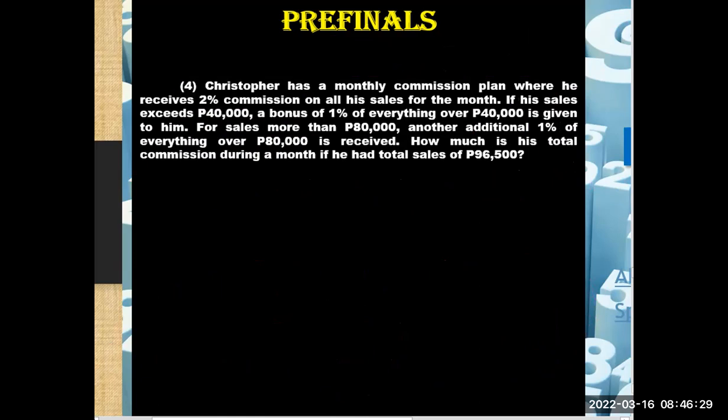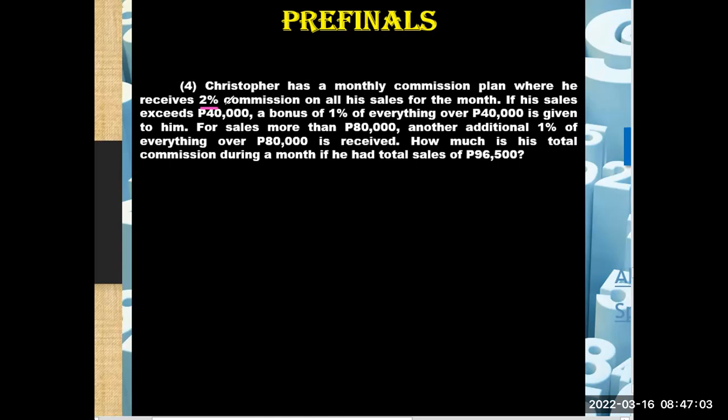And next, we still have number 4 problem. Ayan. So, Christopher has a monthly commission plan. Yung parang kanina, naka-fix siya. Where he receives 2% commission on all his sales for the month. Automatic yan. So, meron siyang 2% kaagad commission sa lahat ng kanyang sales para sa month na yon.